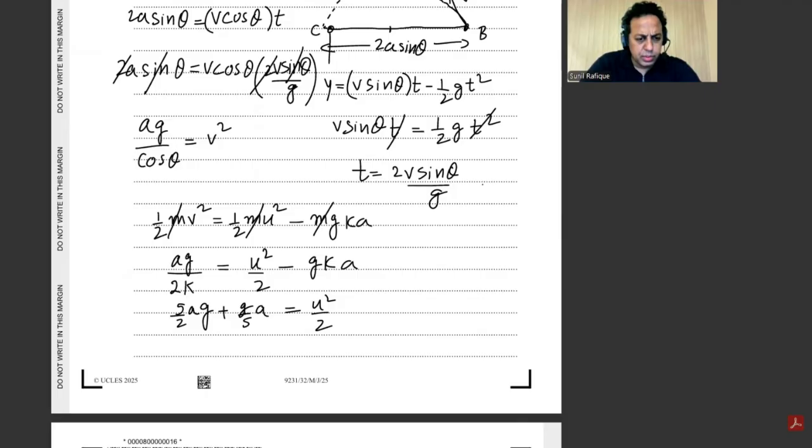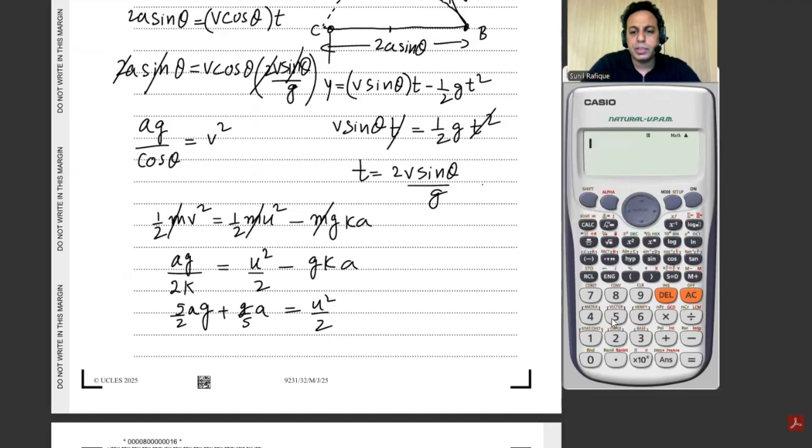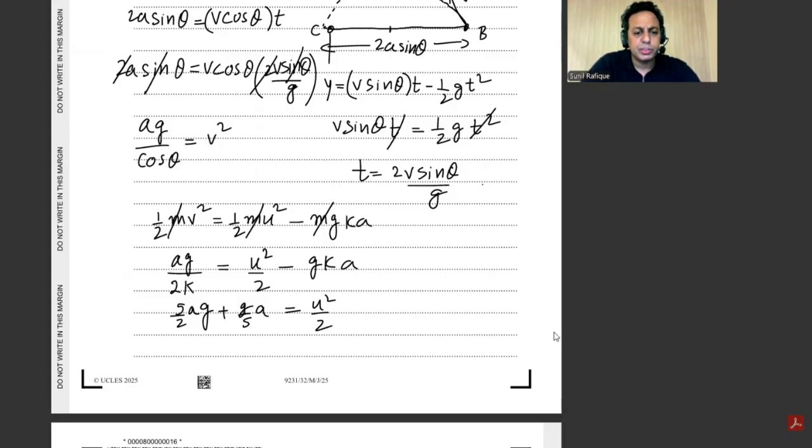Oh, that looks horrible. Yeah. So I can just use the calculator to get this value, 5 over 2 plus 1 over 5. That's 27 over 10. Okay, 27 over 10 ag, and that's u squared over 2.